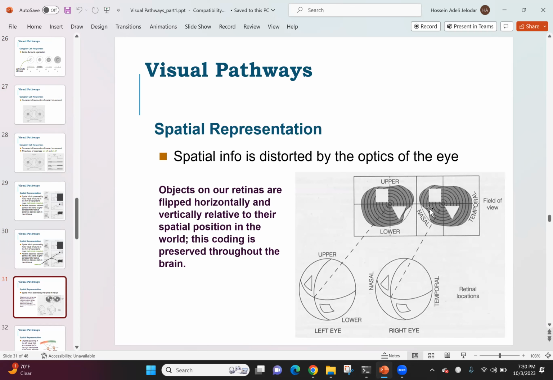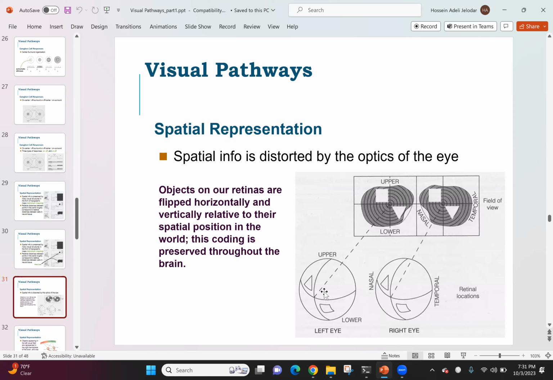As I said, the eye changes things because there is a lens. Because there is a lens, the optics of the world change in the eye. If you're looking at this figure up here with the triangle and the rectangle or square, in the right eye, what happens? Well, you have the nasal part, which is in the middle.